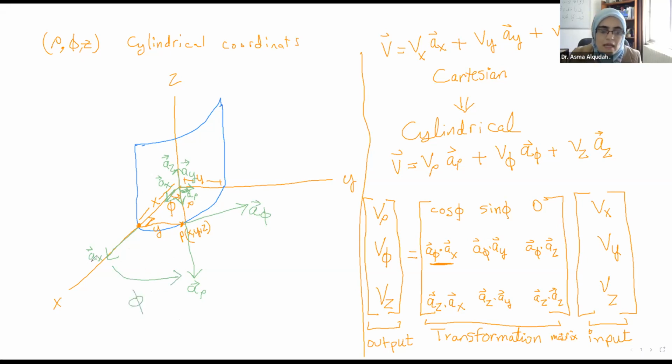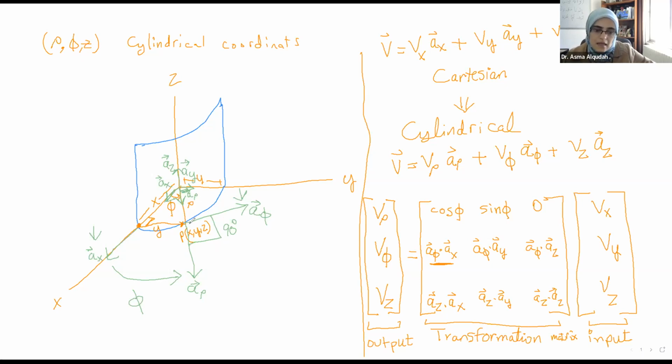But the angle between a sub x and a sub phi is what? First, we have to know that the angle between a sub phi and a sub rho is 90 degrees. And we know that the angle between a sub x and a sub rho is phi. So the total angle between a sub x and a sub phi is phi plus 90.